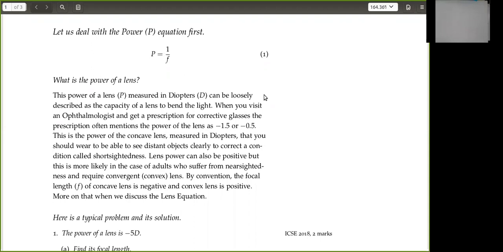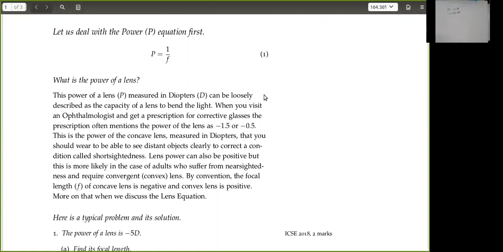But in terms of power for lenses, you must have heard of people saying that their power of lens is something like minus 1.75. Or somebody would have said that the power of my lens is plus 0.50. So what do they mean over here?